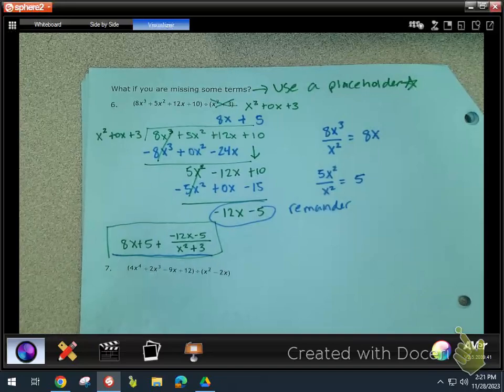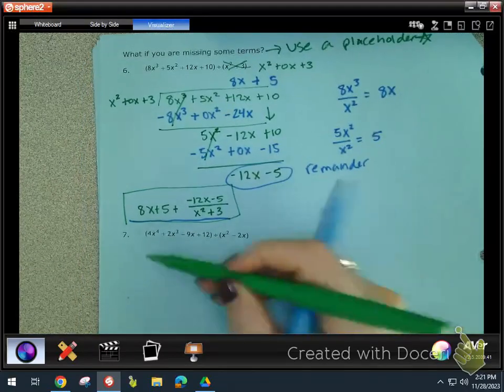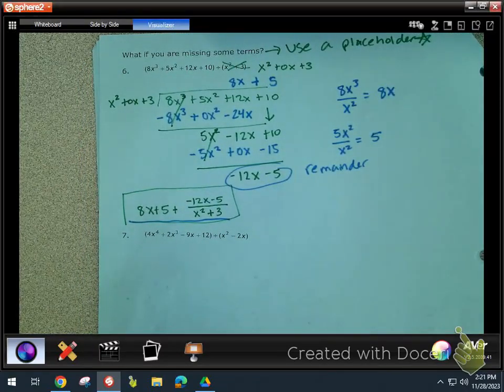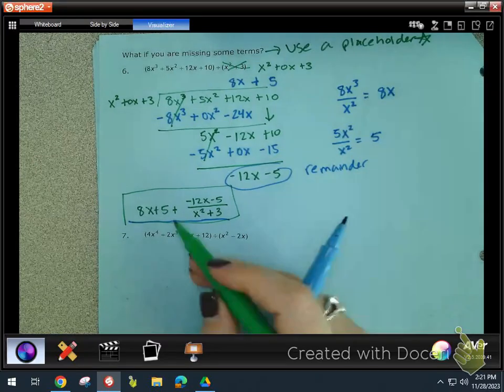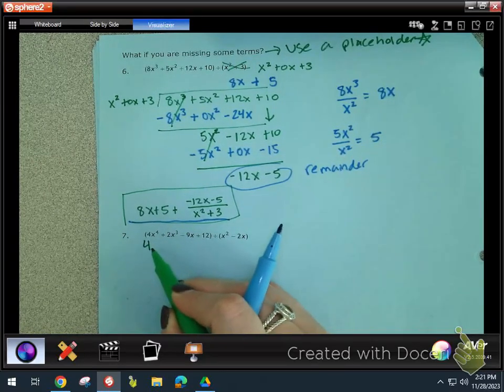So, number 7, you need 2 placeholders. Where are they? I want you to do this one on your own. Oh, I see it. Minus 12x plus 5 over x squared.